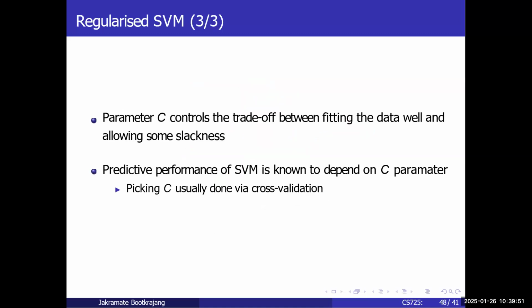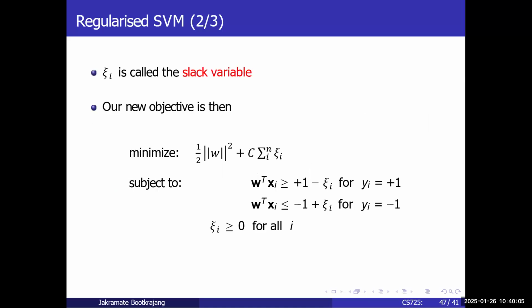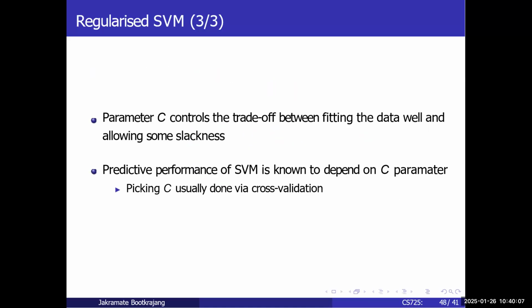So if you don't want your model to overfit, you would pick C based on the trade-off. Normally you can just pick C by yourself, but it's better to pick C using cross validation.